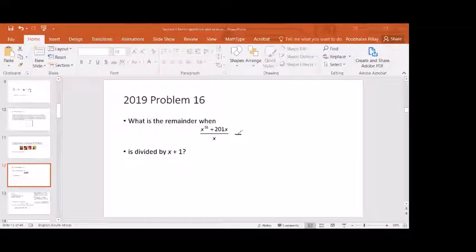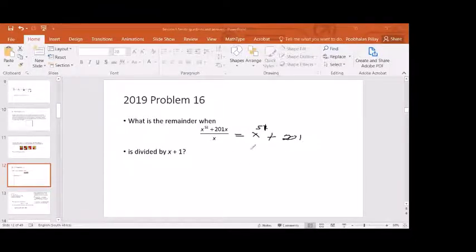So I'm just going to go through this. We can simplify this. It's x to the power of 52. Oh, I'm sorry, x to the power of 51 plus 201. Okay, this is x. You can cancel the x's. So I don't know why they gave it like this.